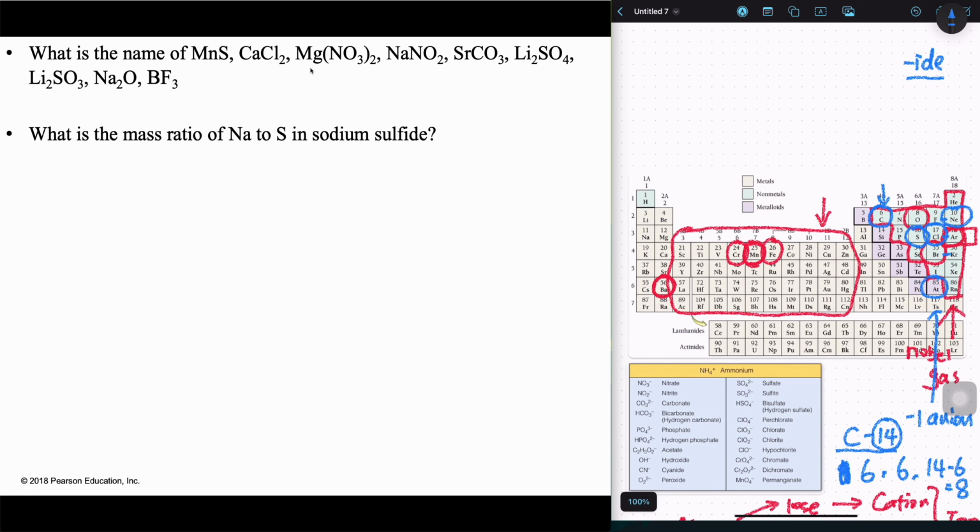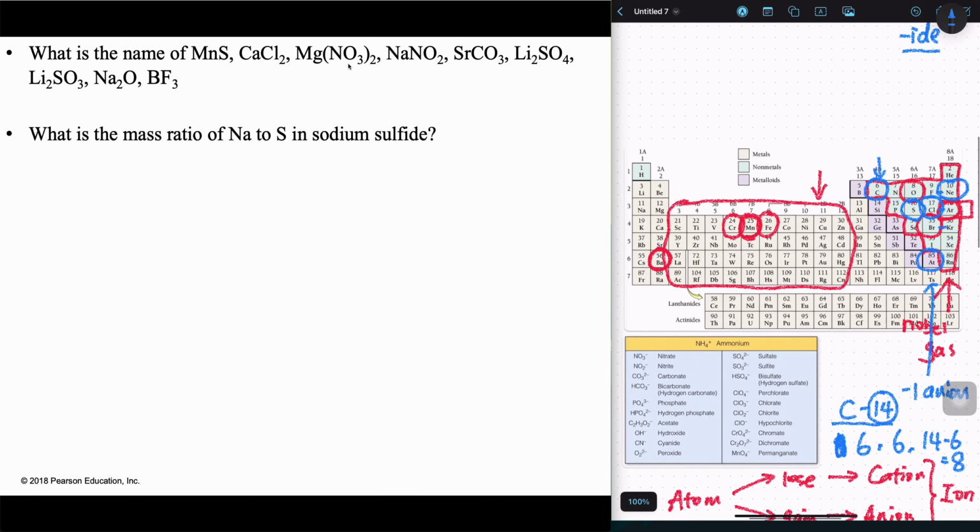Next one, magnesium NO3. For this polyatomic ion, the name will be provided as a chart. NO3 is nitrate. So we will call the third compound magnesium nitrate.